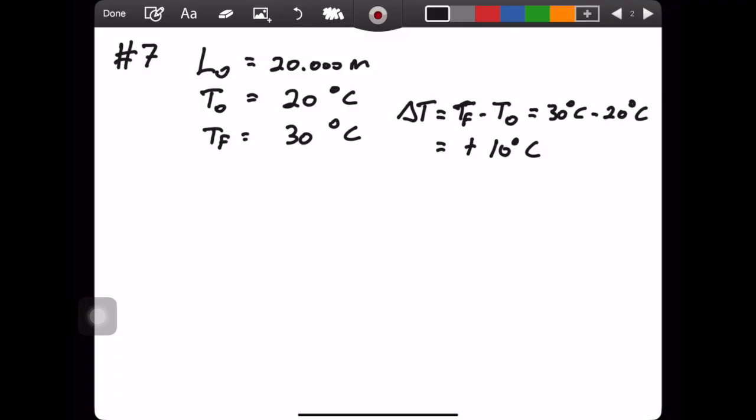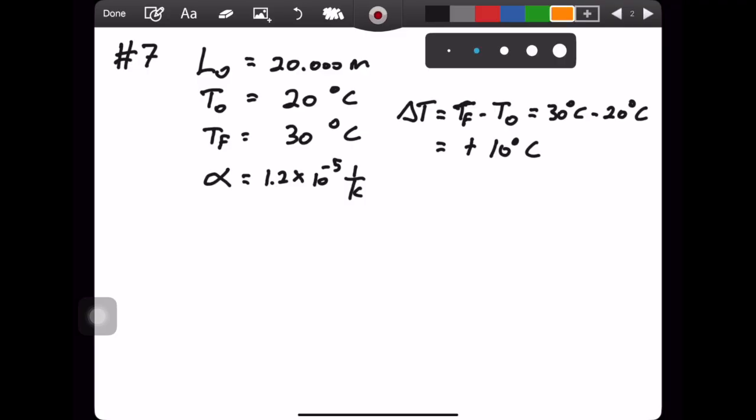And then we are also told that for the object's material, we have a coefficient of linear expansion of 1.2 times 10 to the minus 5, 1 over K. So, we've got a change in temperature. We know that there's going to be a slight change in the length of the object.